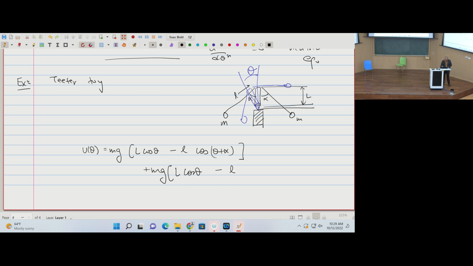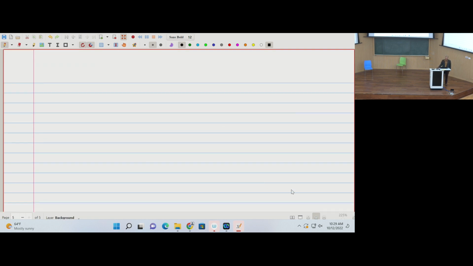Small l is this rod. Writing alpha plus theta and alpha minus theta for convenience. And then you apply the property of cos alpha plus theta in terms of sin alpha sin theta, cos alpha cos theta, and cos alpha minus theta, and expand it. So I'll write the final expression.